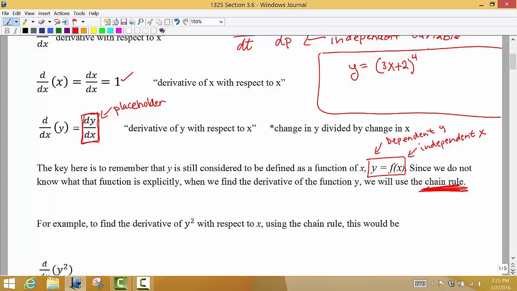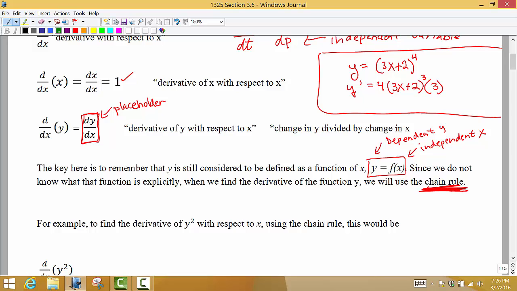Since I know what y is, it's by itself on one side, I could say the derivative of y would be equal to 4, bring that exponent to the front, and then the inside function raised to the power of 3, and then we multiply by the derivative of the inside, which would be 3. So that would be our chain rule. We just want to remember what that is.